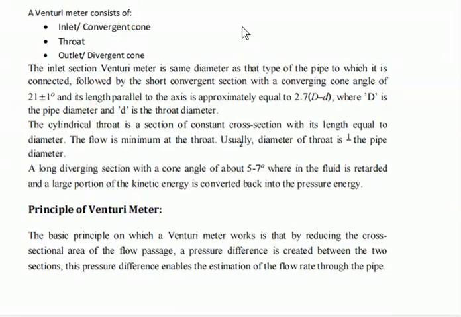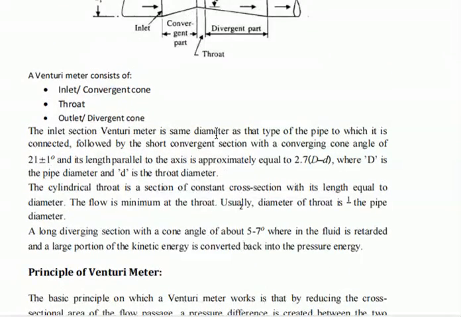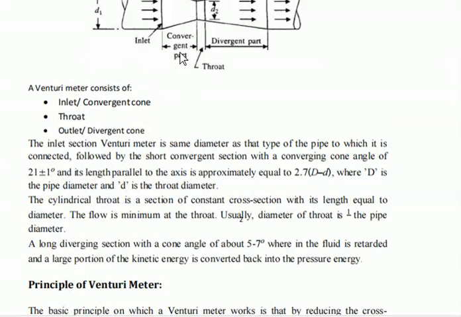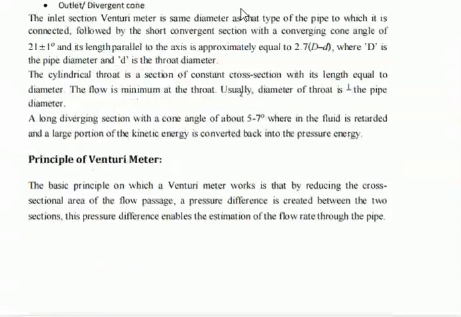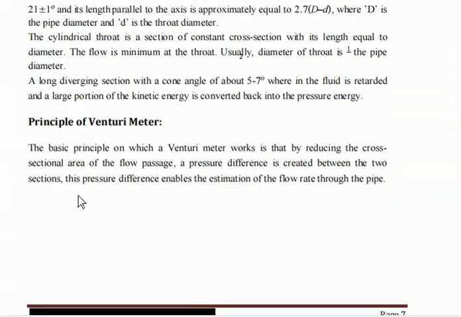By changing the cross section, or by reducing the cross-sectional area of the flow passage, a pressure difference is created between the two sections. This pressure difference enables the estimation of flow rate. By creating the pressure difference, we can estimate the flow rate.